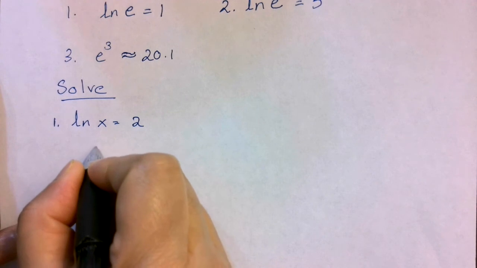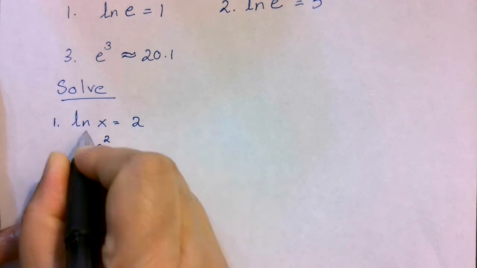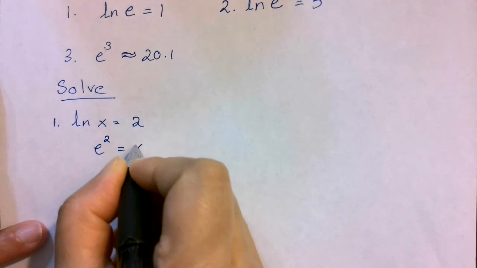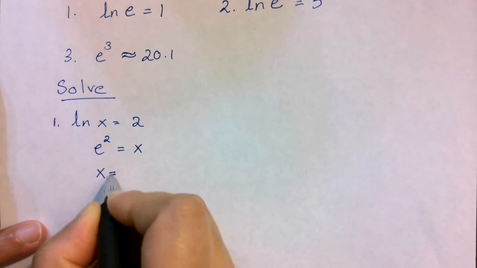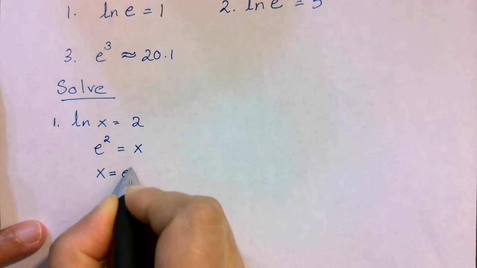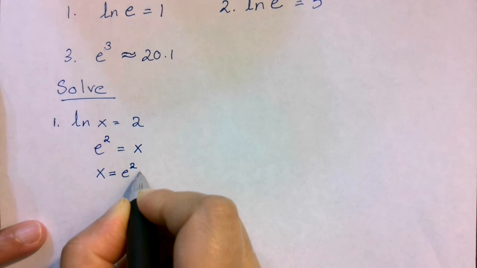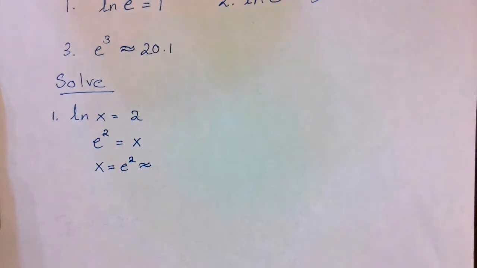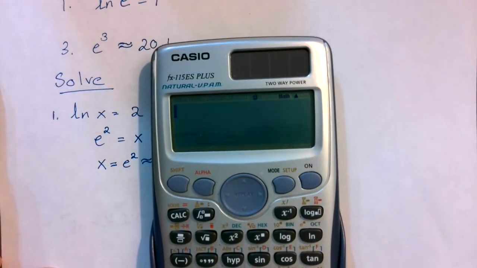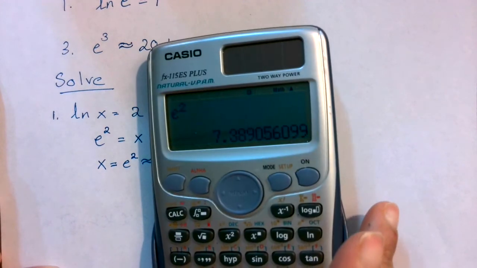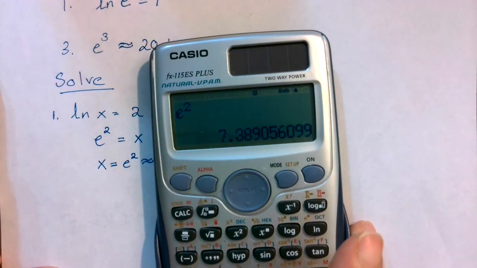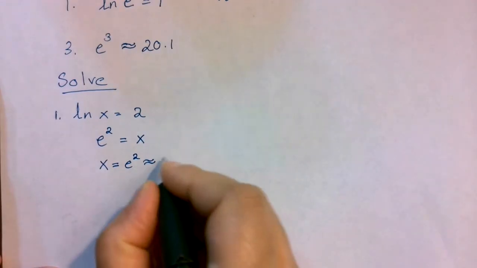So you'll say e to the power of 2 or e squared is equal to x, or x is e squared, and you can calculate this using your calculator. E to the power of 2 or e squared is 7.389, so approximately 7.4.